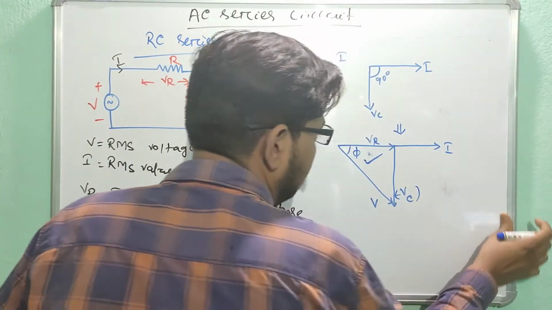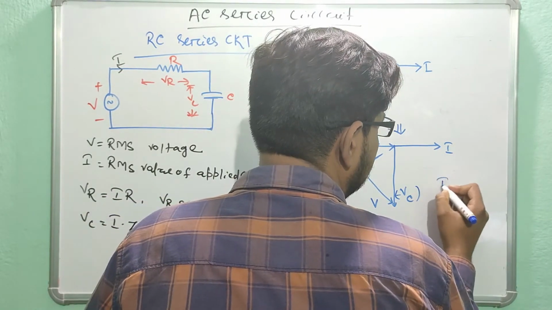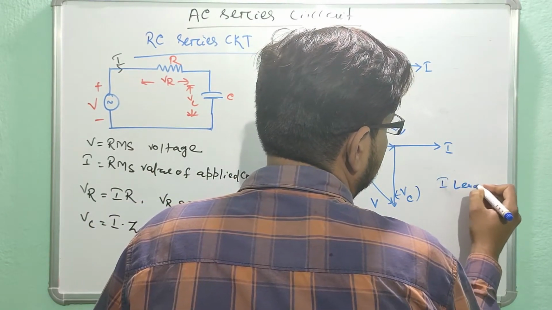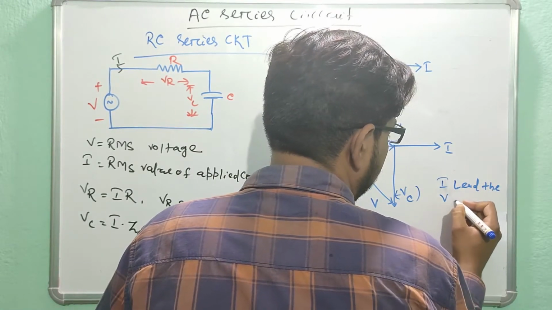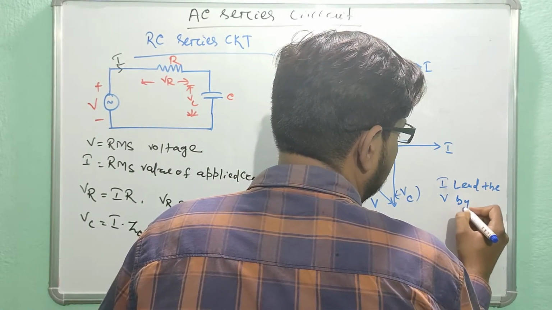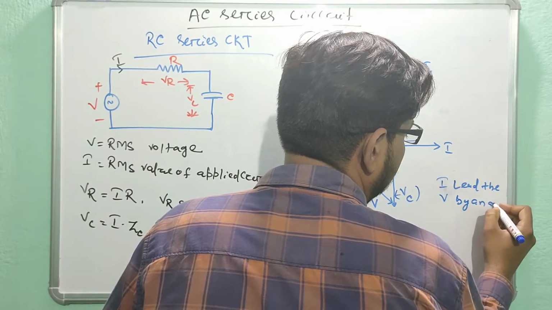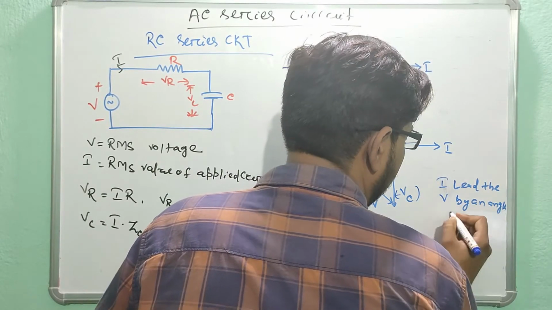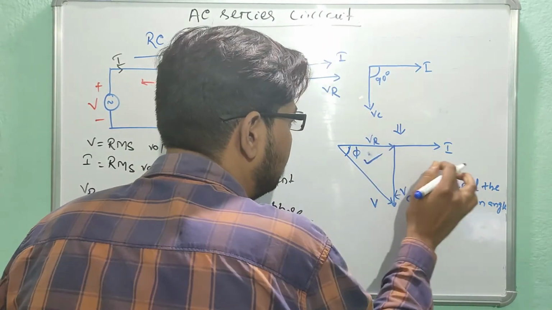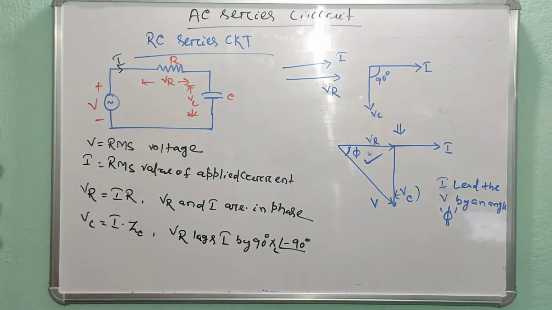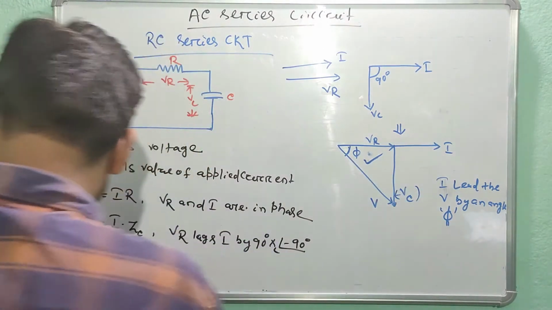So the current I leads the voltage V by an angle phi. This is my phi value, and this is the resultant of the vector diagram. So now what is my V value?